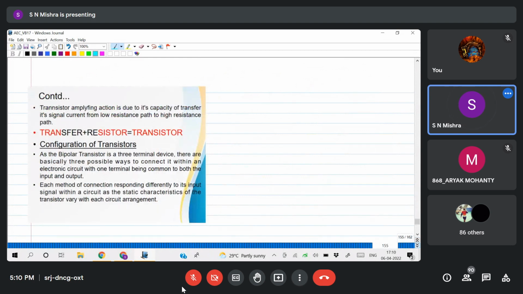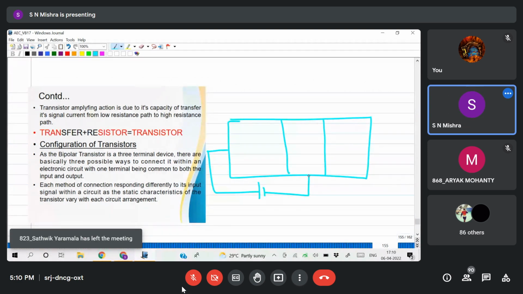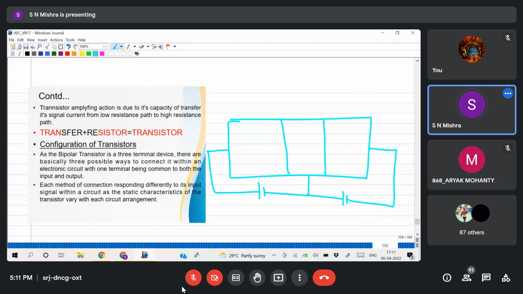Now we'll see why the name transistor is given. If you consider the transistor, we have discussed the emitter base junction and collector base junction. Emitter base junction is which type of biased?